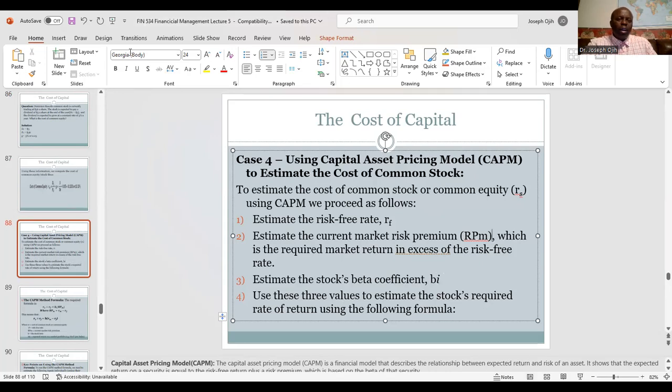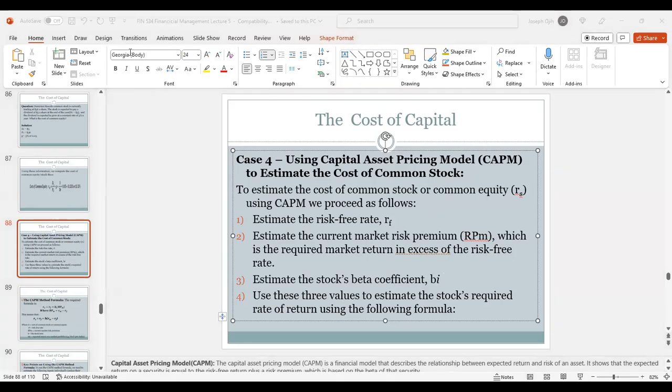When we say a stock beta, we mean it is a measure of how volatile a stock is relative to the market as a whole. In other words, a stock beta measures how risky a stock is relative to the market as a whole.